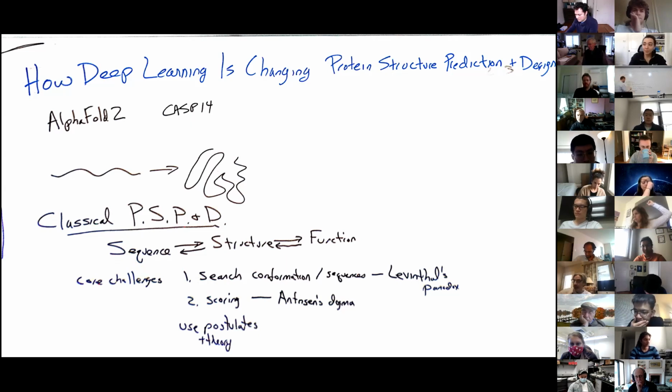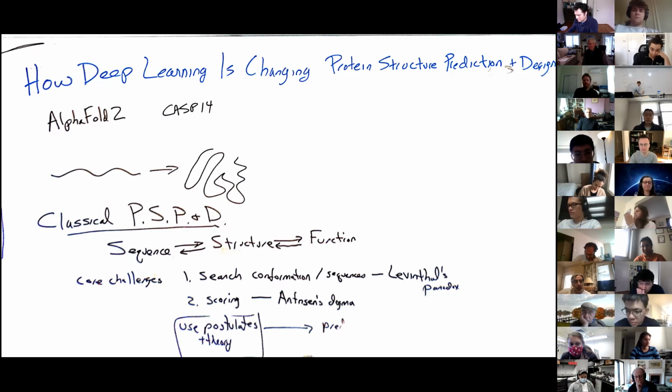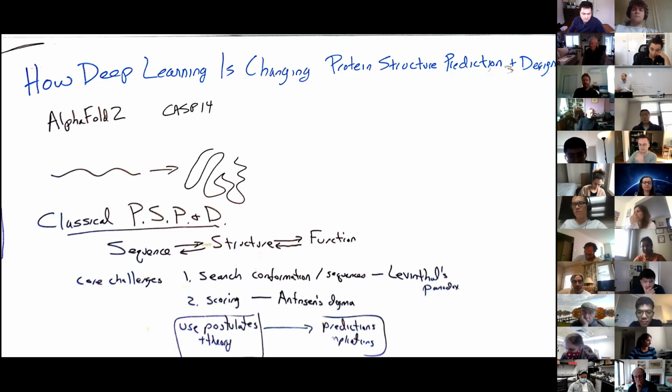And we use those to then make predictions of structures and energies, and maybe we get implications from that. So we predict some kind of structure from these first principles of, here's the van der Waals force, the hydrogen bonding energy, and here are some structures that we know from proteins.